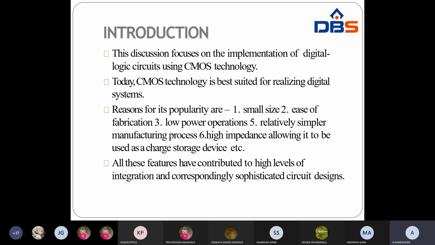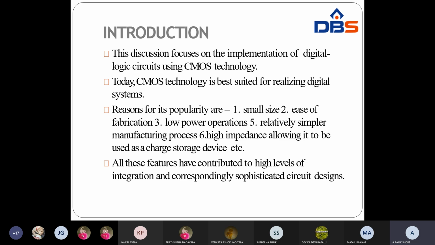The next advantage of CMOS technology is a relatively simple manufacturing process, and the next one is high impedance, which allows it to be used as a charge storage device. Wherever we design any type of digital circuit, that device is capable of storing one bit of information.